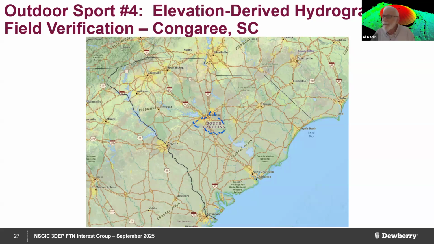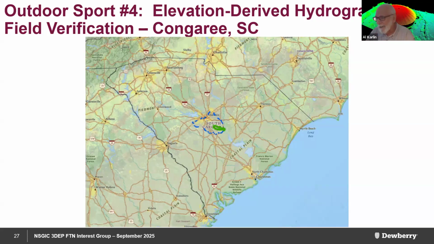And the blue dash line on this map is the Congaree River HUC 8 in South Carolina. This is a portion of the Saluda River watershed that the USGS assigned to Dewberry to derive elevation-derived hydrography from. This particular HUC 8, along with several others, was assigned to Dewberry about 2 years ago.